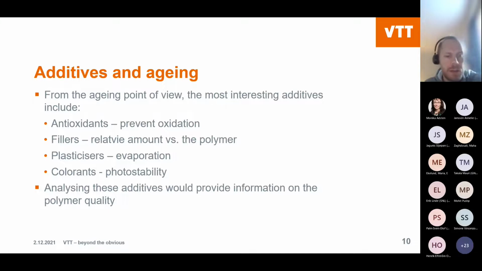Then plasticizers, because they can evaporate from the material and thus significantly change the material properties. And then colorants, which are related to the photostability of the material. So we concluded that if we are able to analyze these additives, we can also provide information on the quality of the polymer.